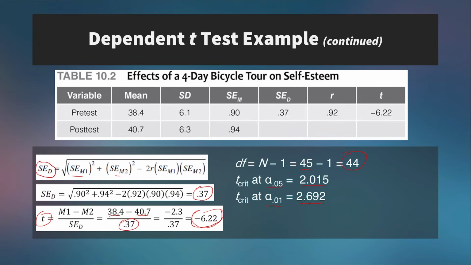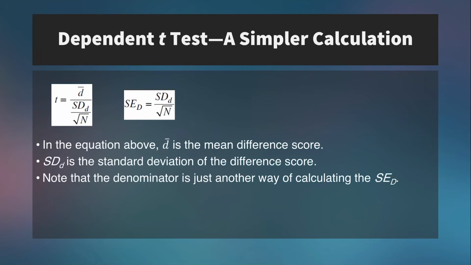Well, our t-value is negative 6.22, and what we can do is actually effectively ignore that sign. We just take the absolute value of it. Remember, this is a two-tailed t-test, so we're looking for whether it's larger or smaller, and a t-distribution is symmetrical. So a t-table is only going to show you the positive side of that curve. So we can, in this case, effectively reject the null hypothesis.